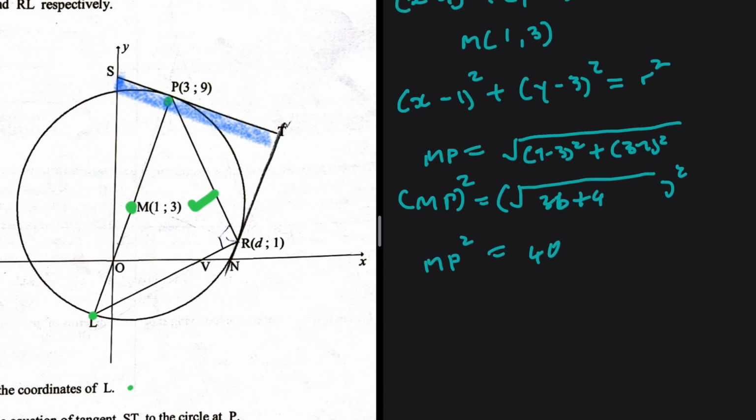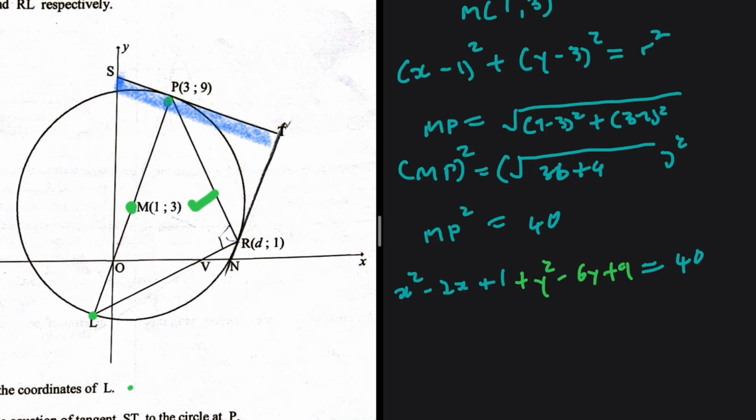And then x minus 1 squared is x squared minus 2x plus 1. And then y minus 3 squared is going to be y squared minus 6y plus 9. Everything equals 40 because r squared is 40.